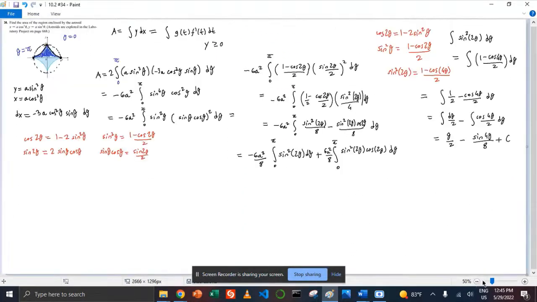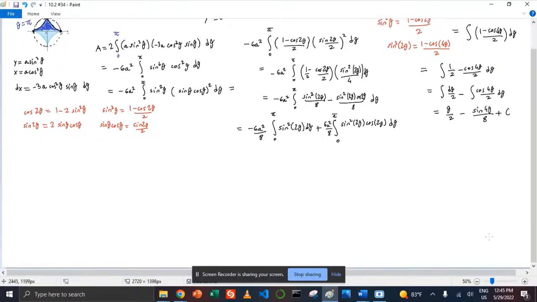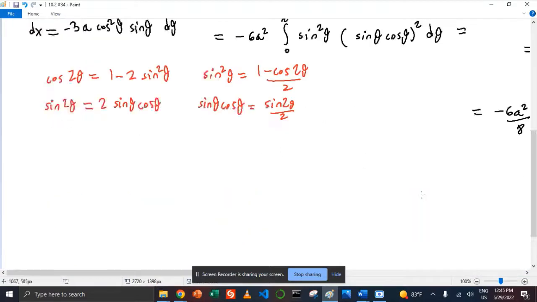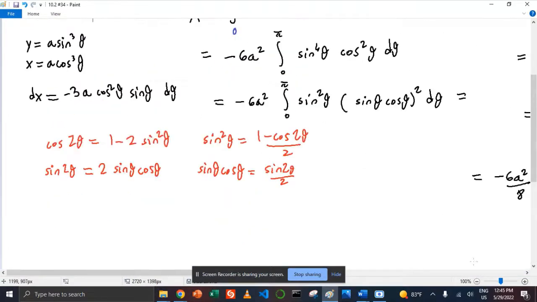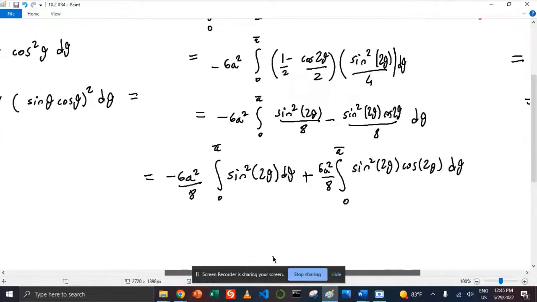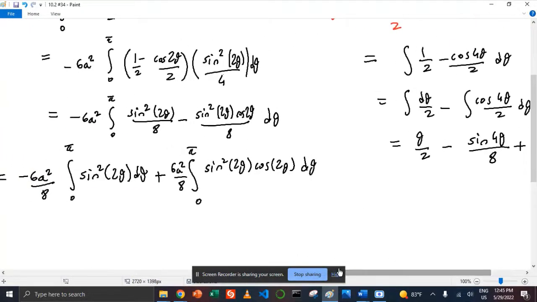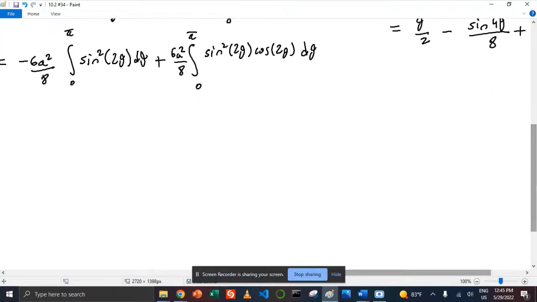Now I'll make some more space once again. There we go. And the second integral that we're working with here is sine squared 2 theta times cosine 2 theta. And this is also a simple integral. This is just a u substitution. So I'll find the form of the indefinite integral first.